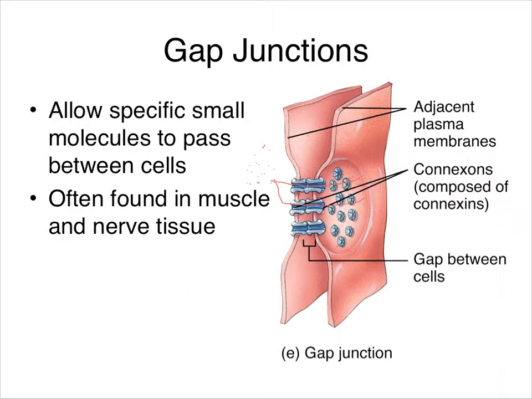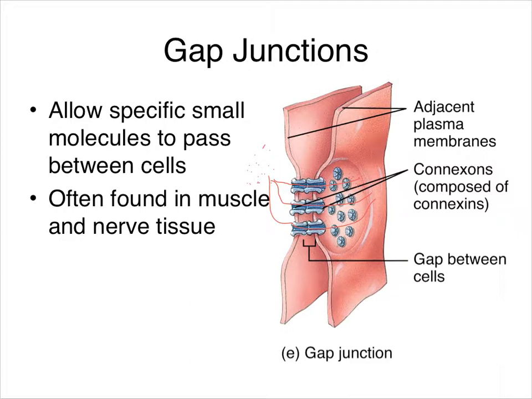These are small openings. They're too small to allow things like proteins or organelles to pass through. But small molecules like ions or hormones or signaling molecules and sometimes nutrients can pass through.